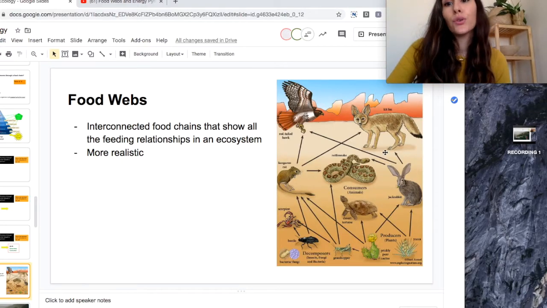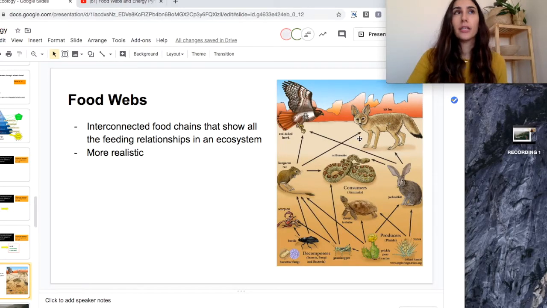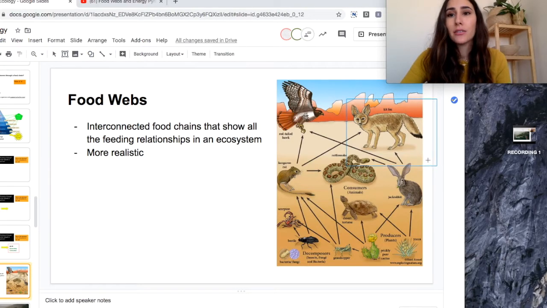So let's assume, for example, that this fox right here is killed off because of overhunting. Humans have hunted this fox so much that it's now extinct, all right? That's a very extreme scenario, but let's assume that this fox no longer exists, all right?